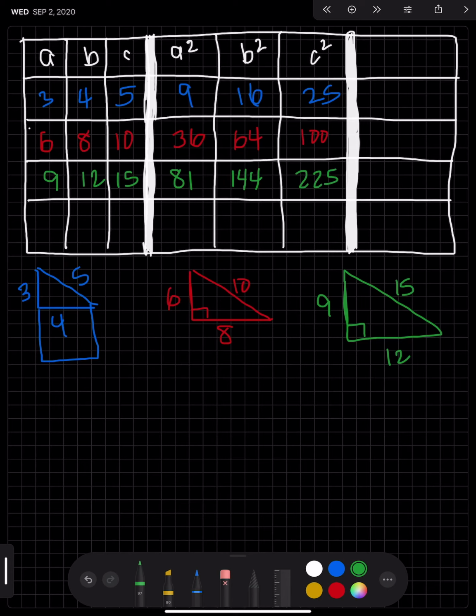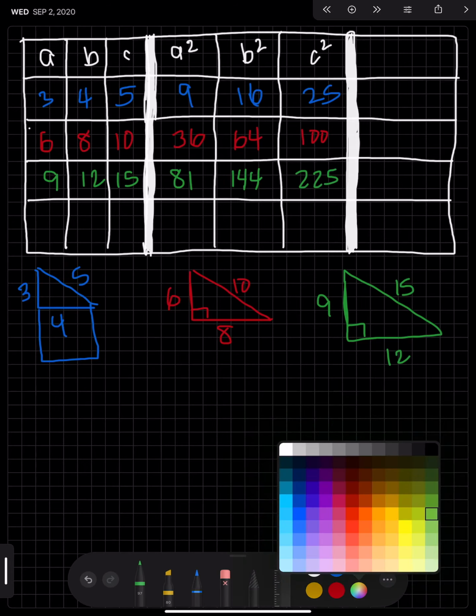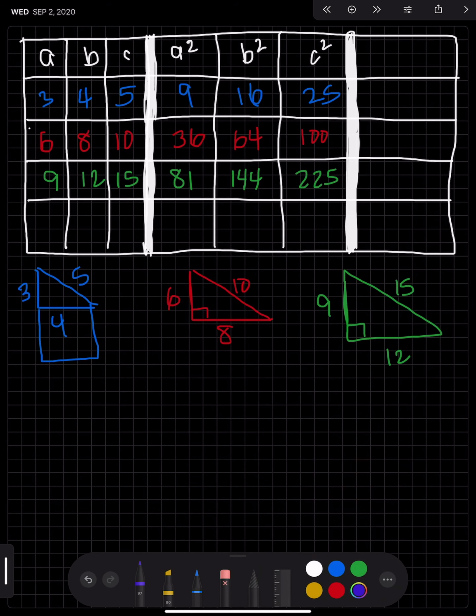All right, as you're taking a look at this, you may have already seen the pattern. We're going to go with a different color here. If I'm looking at the first one, I've got 9, 16, and 25. If I did 9 plus 16, that equals 25.